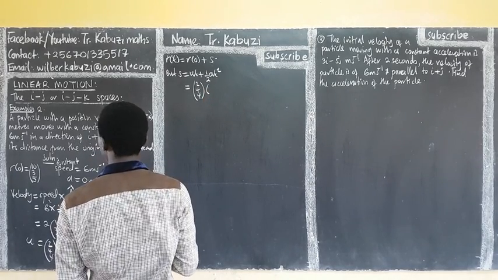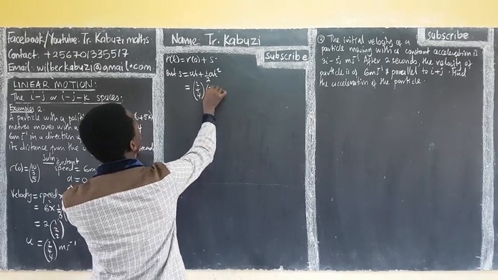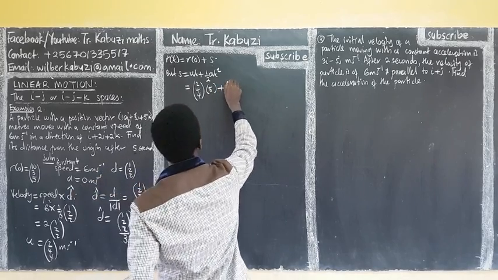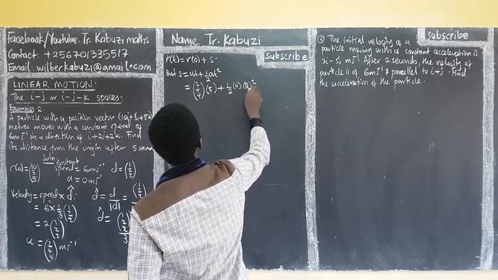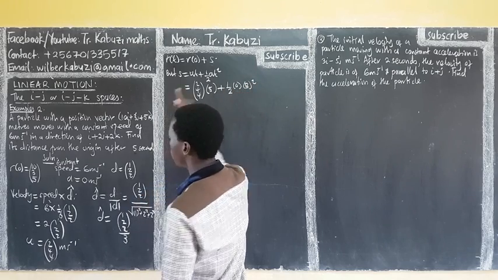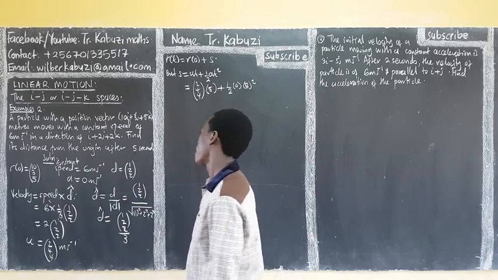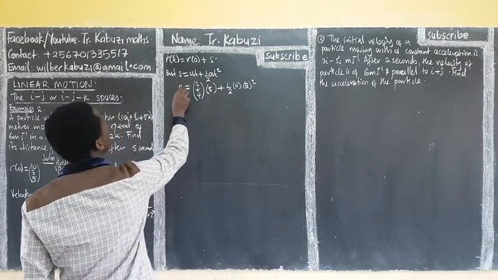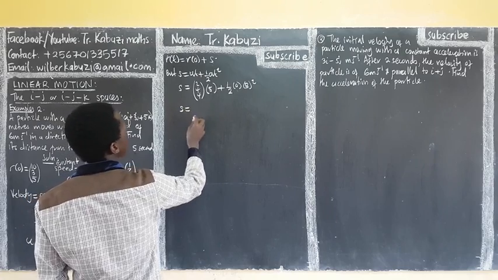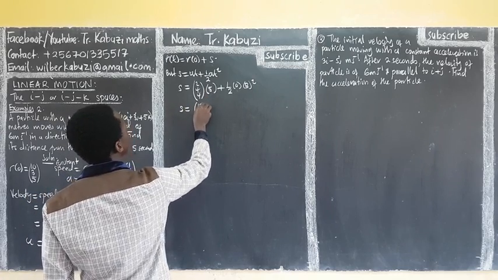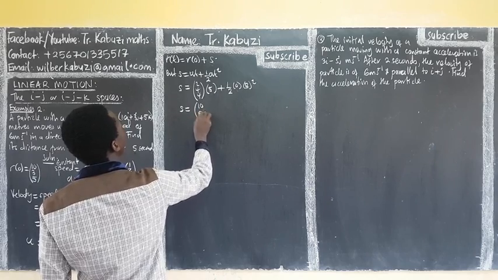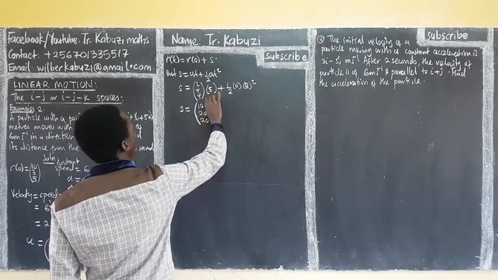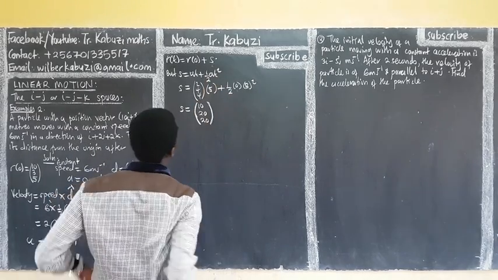Our t is 5 seconds, then plus a half times 0 times 5 squared. Why are we saying 0? Because of the constant speed. So our s is 10, 20, 20.